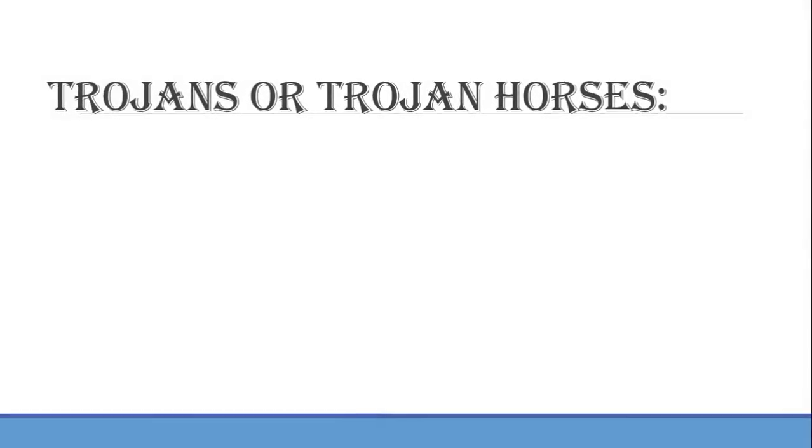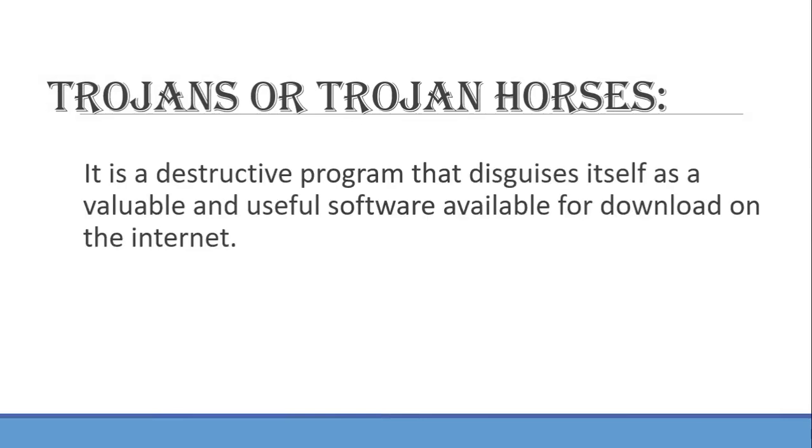Number 3, Trojans or Trojan horses. We may call them Trojan, or sometimes we call Trojan horse. So what is it? It is a destructive program that disguises itself as a valuable and useful software available for download on the internet.